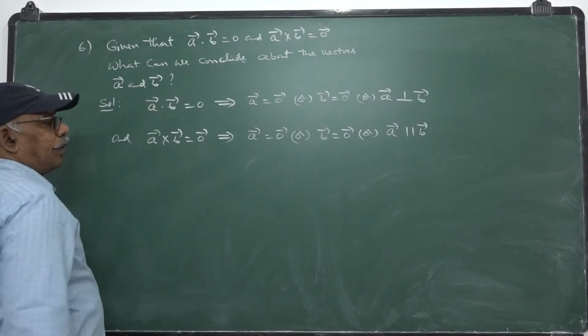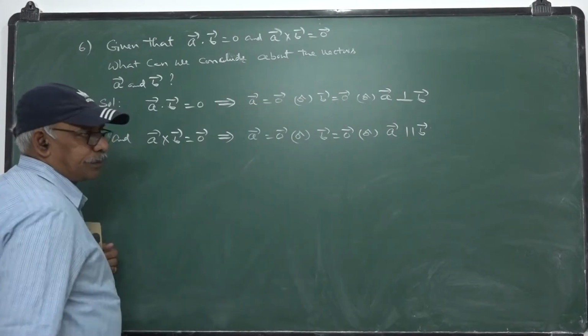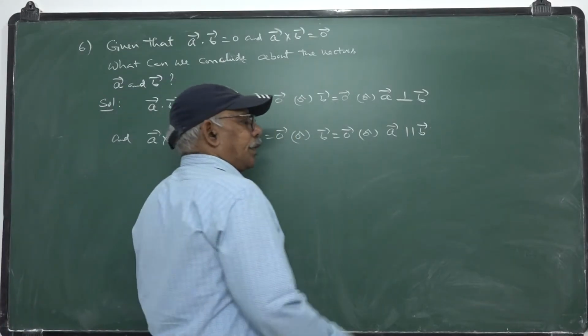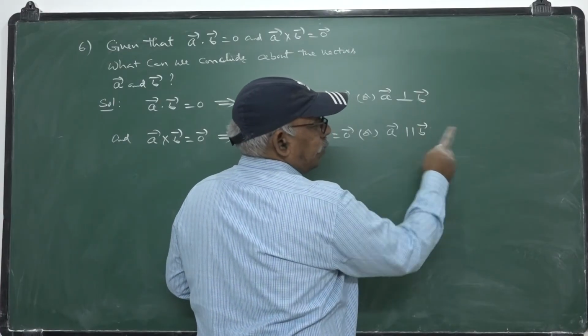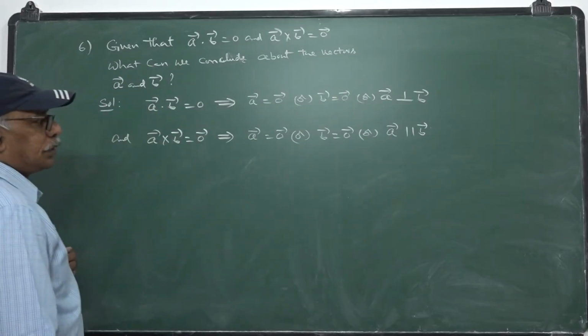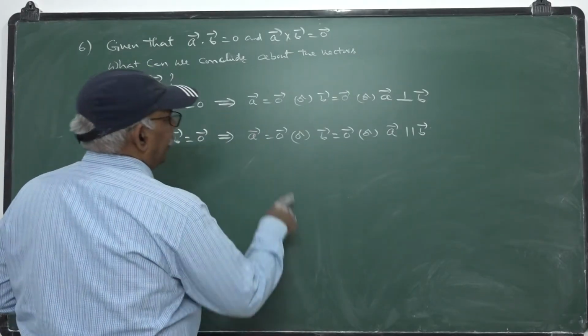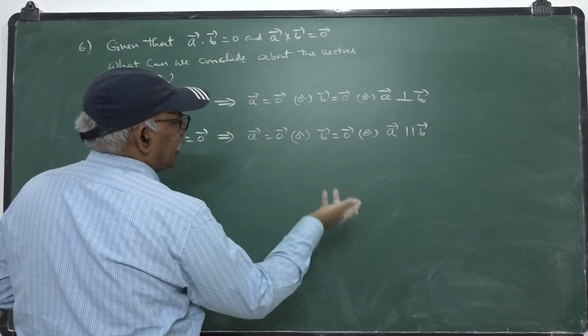Whenever the common property follows, the vector A bar being perpendicular to B bar as well as parallel to B bar is possible only whenever A bar is 0 bar, or similarly B bar is 0 bar.